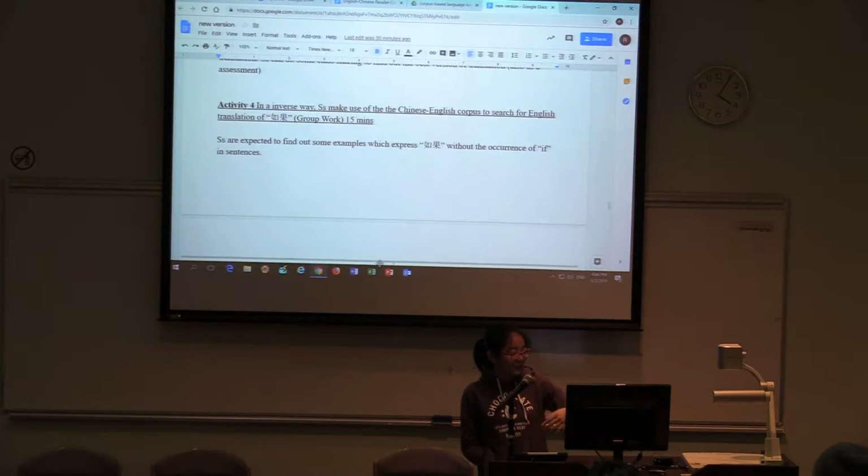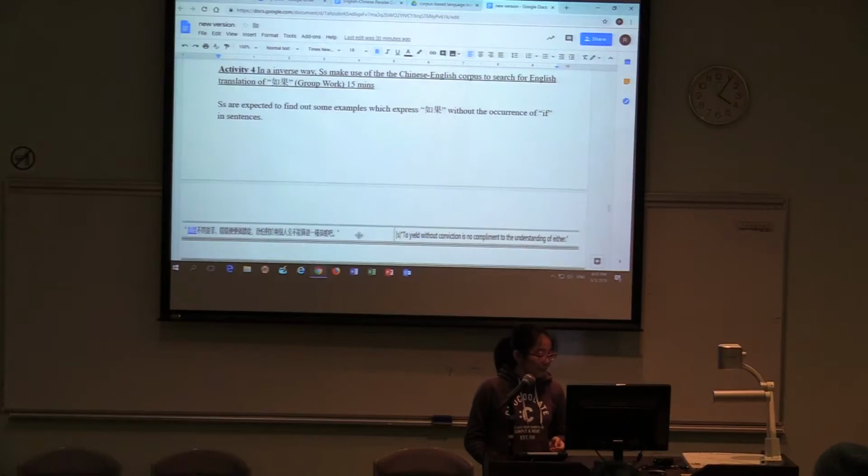And down to the next part is in an inverse way, because we have to check if translated to Chinese. And right now we help students to see if you type 如果, how will the English speakers express 如果 in English.